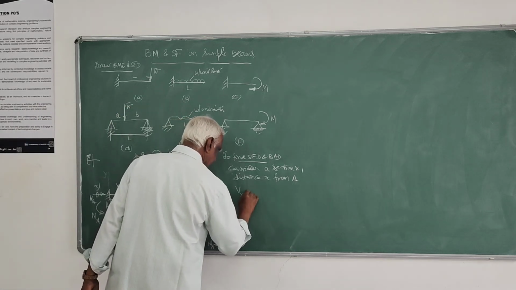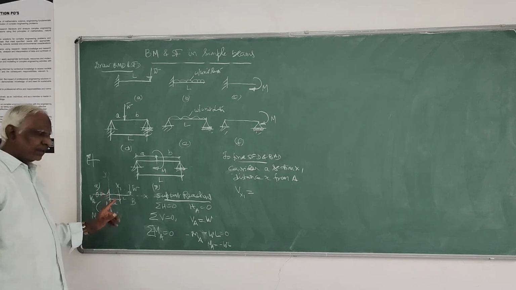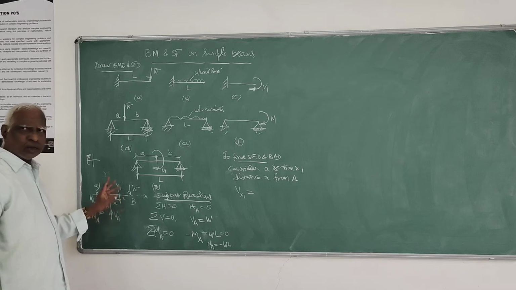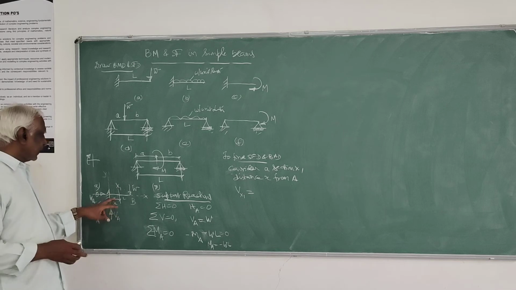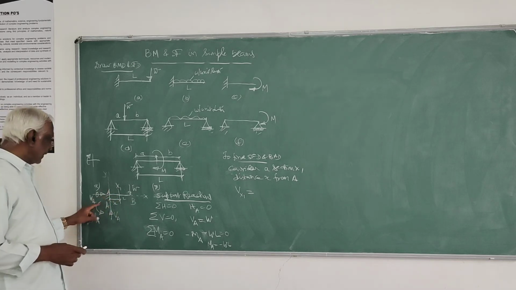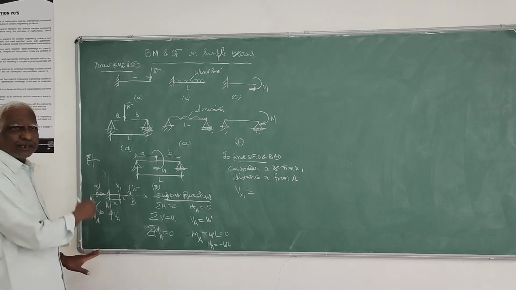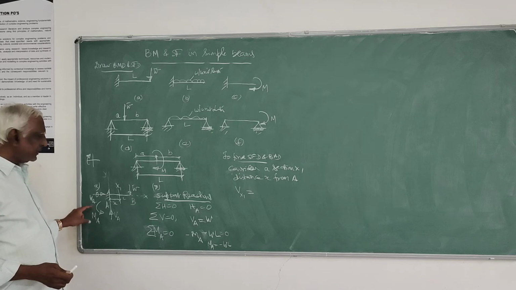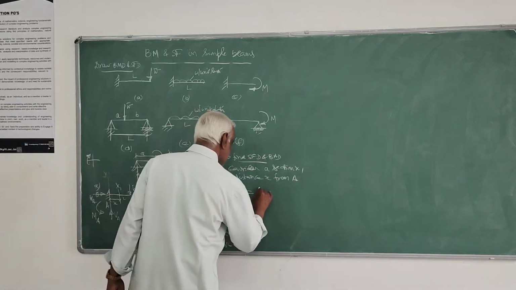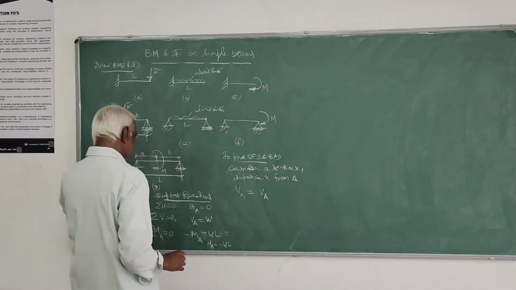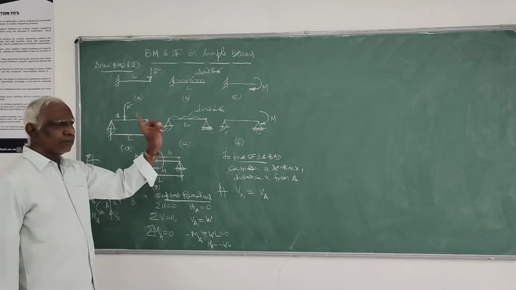So shear force at that section, Vx1: as per definition, shear force at any section is the algebraic sum of all vertical forces towards left or right. Here I will take towards left. The vertical force towards left is only VA, since MA is the moment and HA is a horizontal force. So Vx1 is VA, which is acting up; as per our sign convention, shear force towards left acting up is positive.